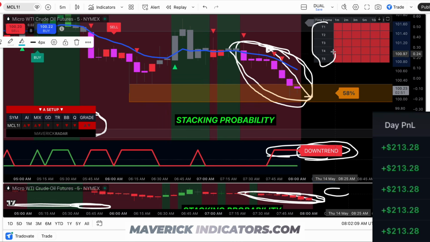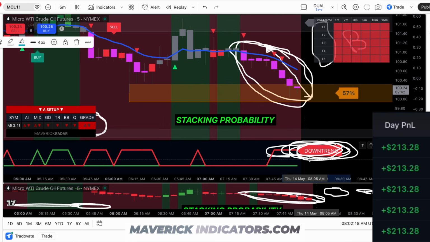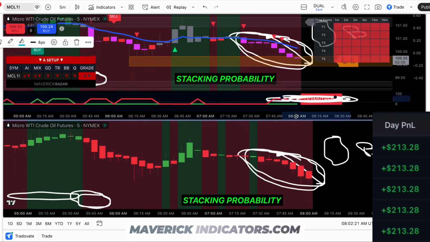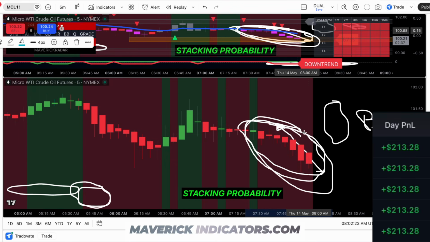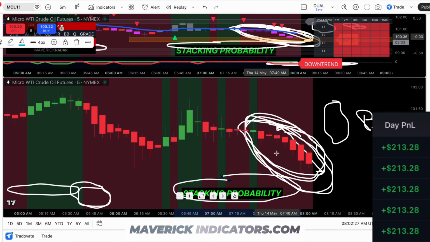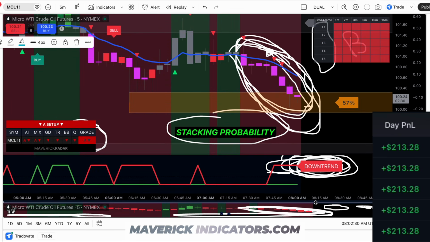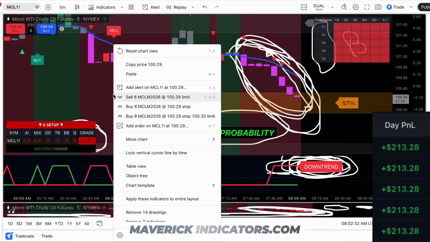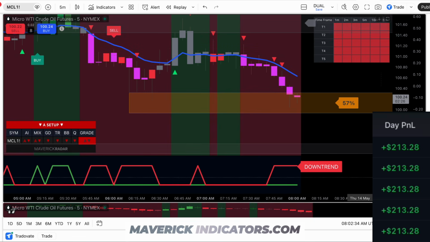When all 5 traders are voting bearish across 6 time frames, when you have a downtrend label on your Maverick Trender, and when your bear bull indicator is just saying, look, the bears are in control, you're just coming down, we're stacking probability in our favor to win that trade, right? Okay, and then we risk very little for a larger reward.